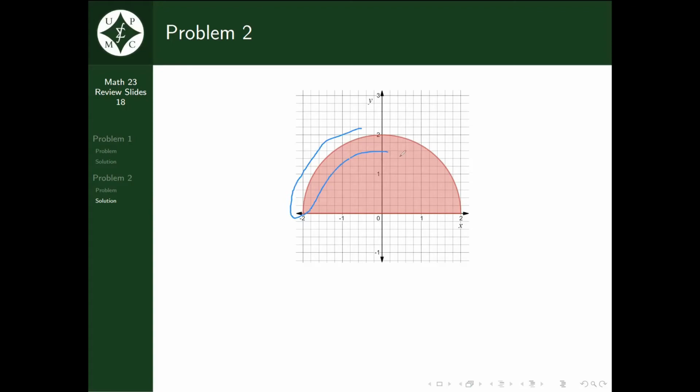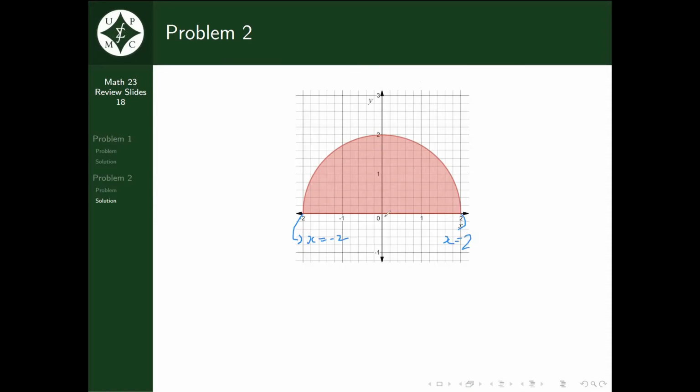So again, this upper bound that I've encircled is y equals the square root of 4 minus x squared. The lower bound that I've encircled is y equals 0. And then we are bounded by x equals -2 and x equals 2.